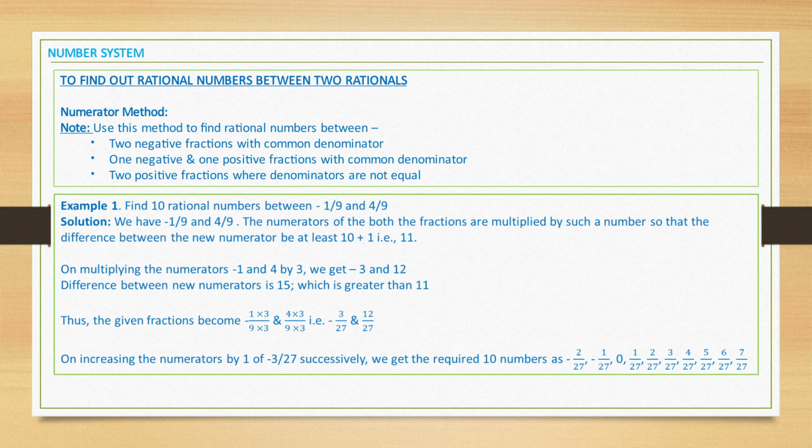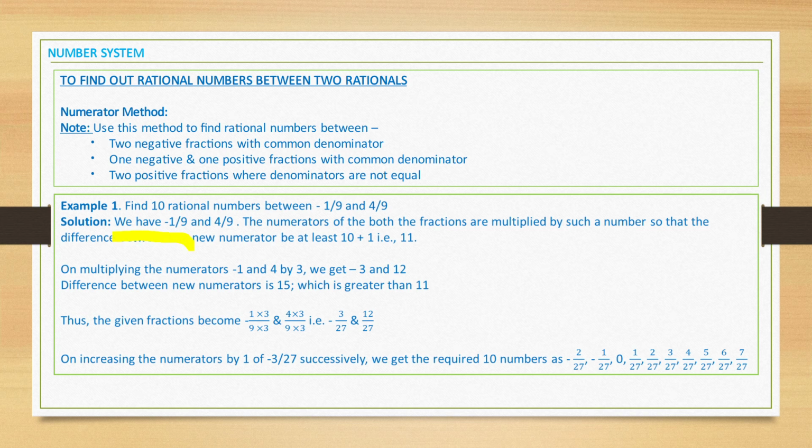Use this method to find rationals between two negative fractions with a common denominator, one negative and one positive fraction with a common denominator, and two positive fractions where denominators are not equal. So using this method we can find different rational numbers between the given rationals. So see carefully.